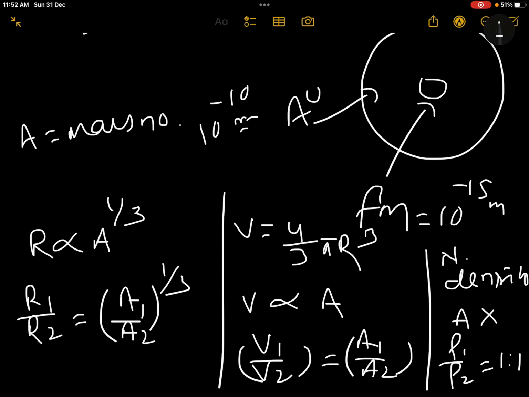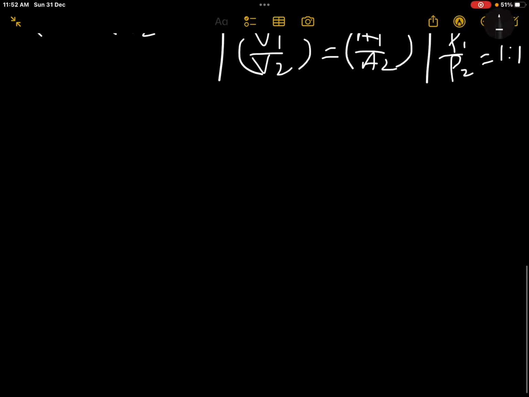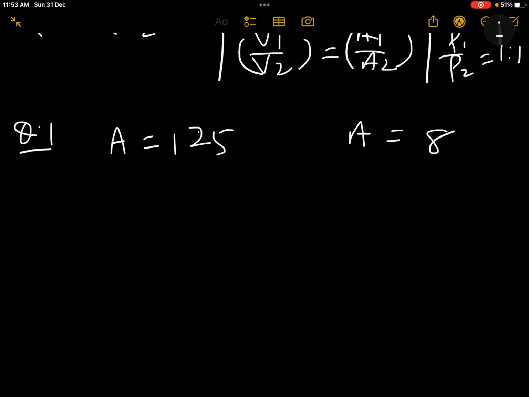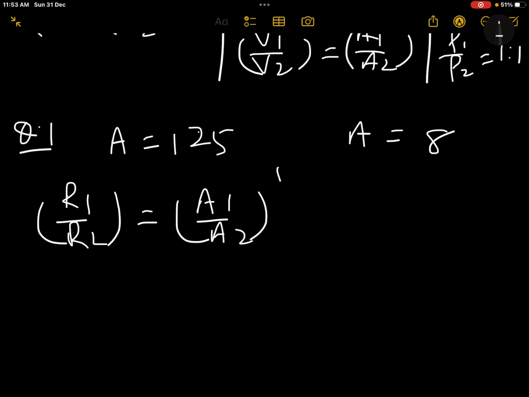Okay, but the question is like this. There are two atoms having mass number 125 and mass number 8. Compare the ratio of the radii of the nucleus. Here we are talking about the nucleus, not the atom. The atom formula is different. Yes, it is (A1 by A2) to the power 1 by 3.